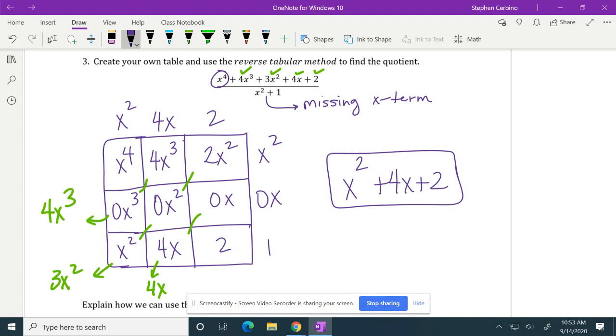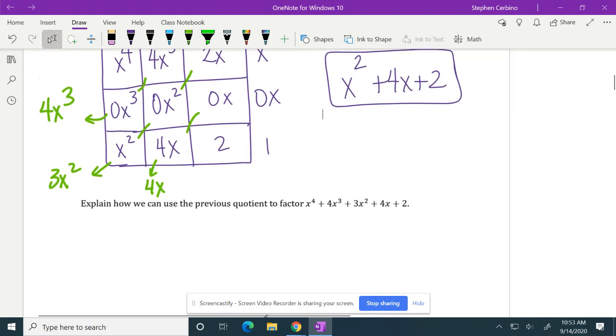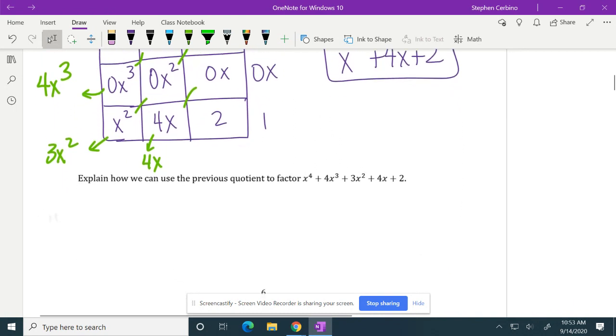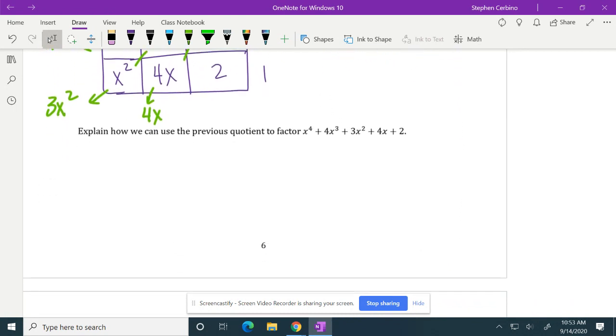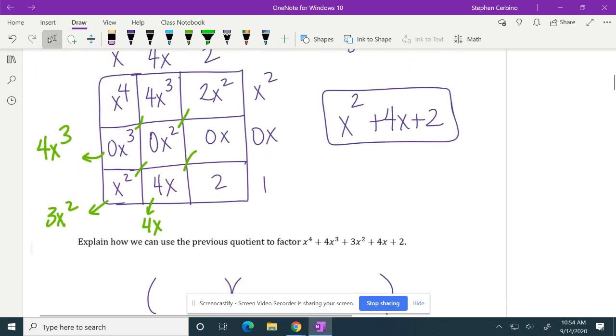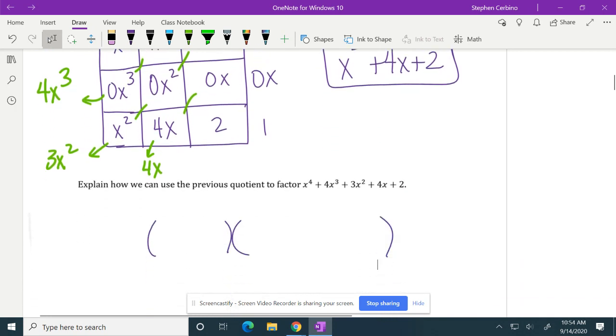All right, let's keep going. Right below here it says, explain how we can use the previous quotient to factor this expression. Well, if two things multiply together to make an expression, those two things are also known as the factors. So if I was to factor this expression, I could take the original item that we divided by, x squared plus 1.